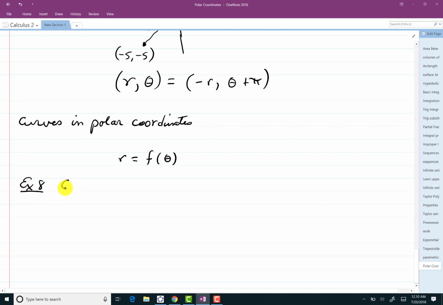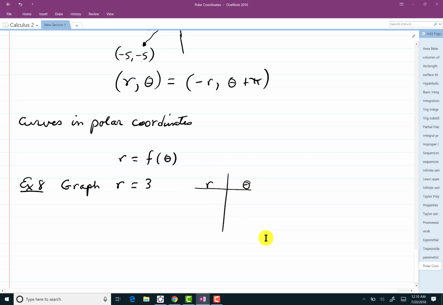Graph r equals 3. Well, if I say r comma theta, this is no different than y equals f of x. So just like I make a y versus x chart, I can make an r versus theta chart.